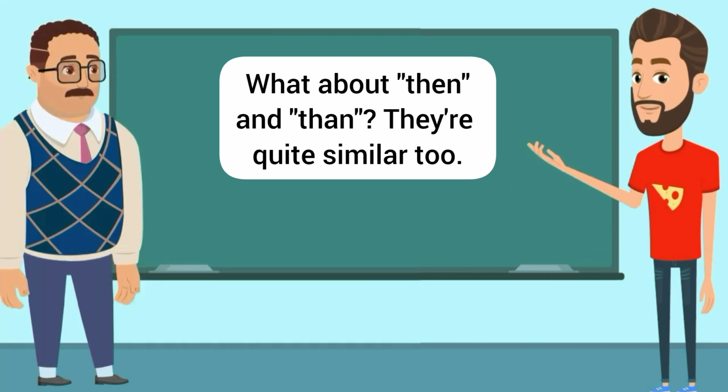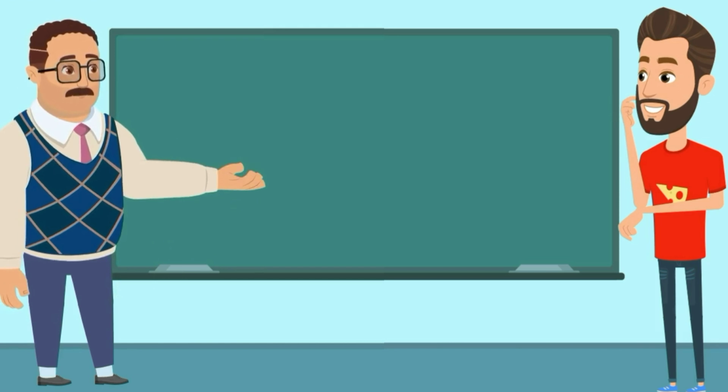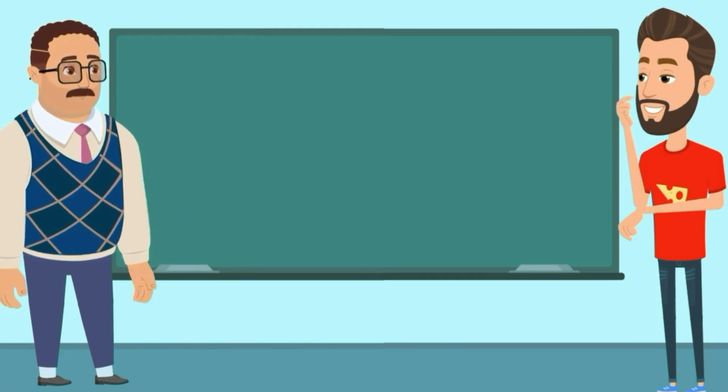What about then and than? They're quite similar too. True, they're homophones but they have different uses. Then refers to time or sequence, like, we'll meet at the cafe, then go to the cinema.